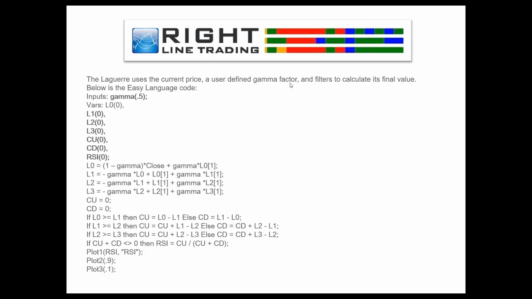Now, it has a defined gamma, and it has multiple filters. You define the gamma, I should say, and it has filters. And what these do is determine the speed of the Laguerre line and the stability of the Laguerre line. The faster the line, the more likely you're going to get a winner, and the more likely you are to get faked out by a false positive or a loser.